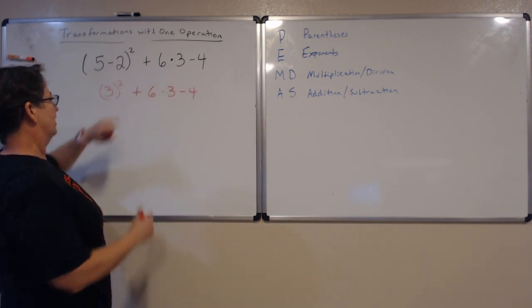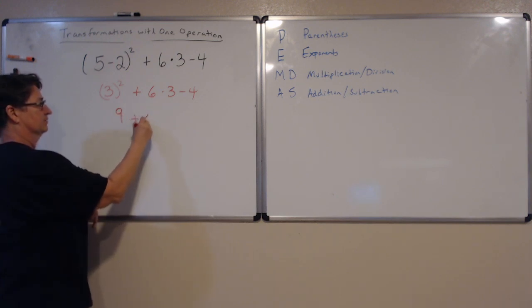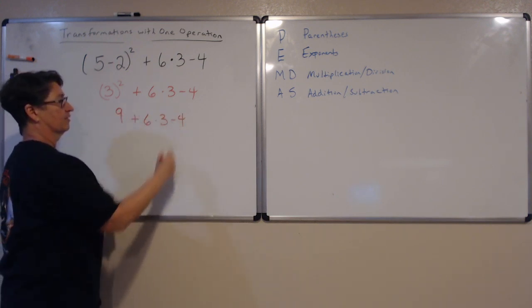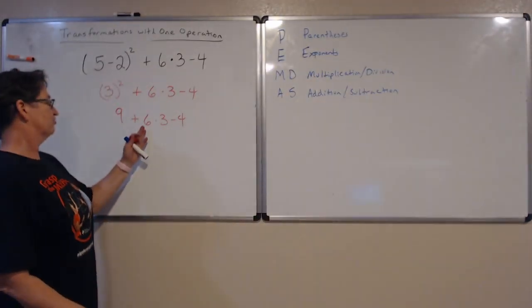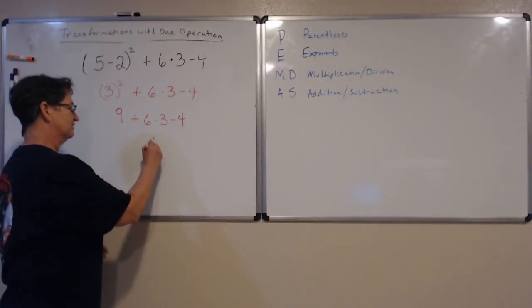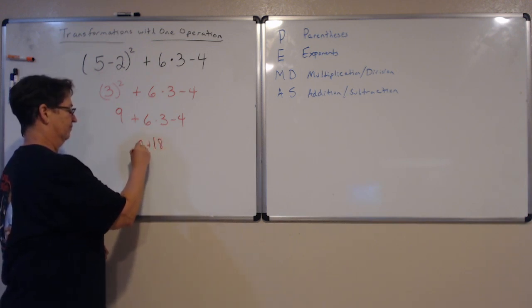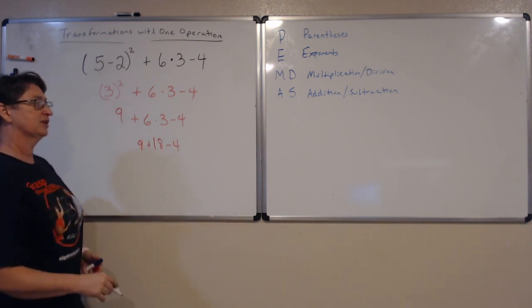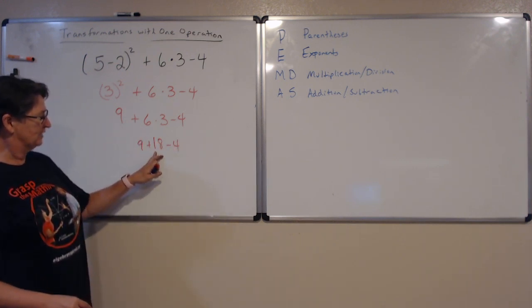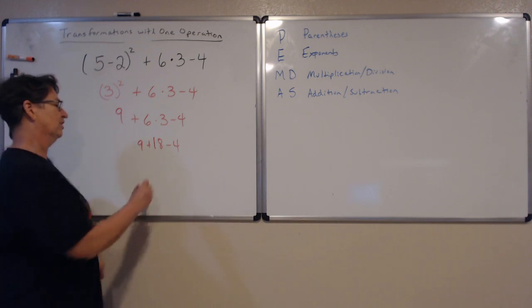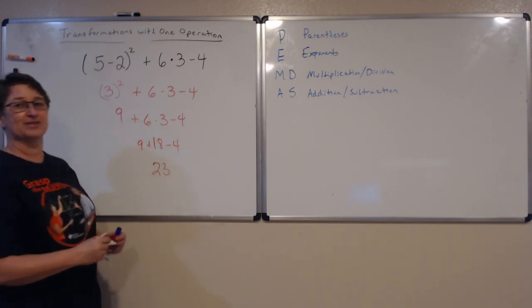Well, 3 squared is 9. Then I have to do my multiplication and division from left to right. So multiplication is 18. I didn't have a division. And then add and subtract from left to right. So I've got 27 minus 4. Hey, I got 23 too.